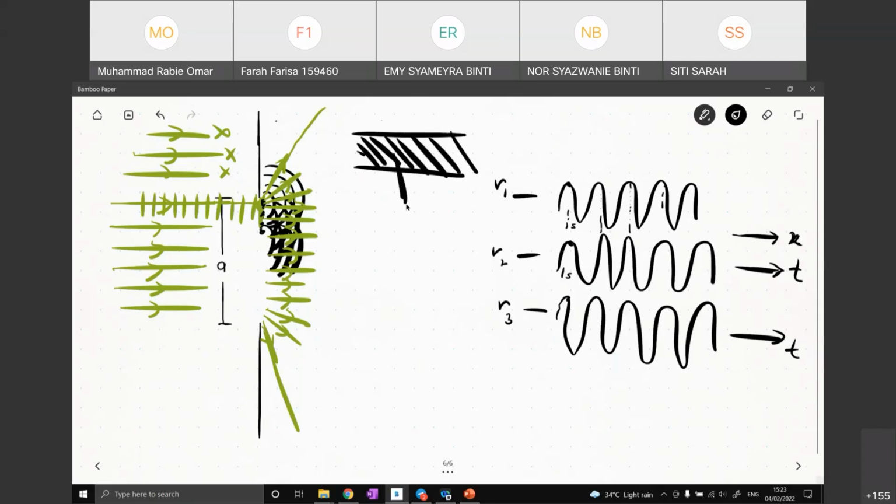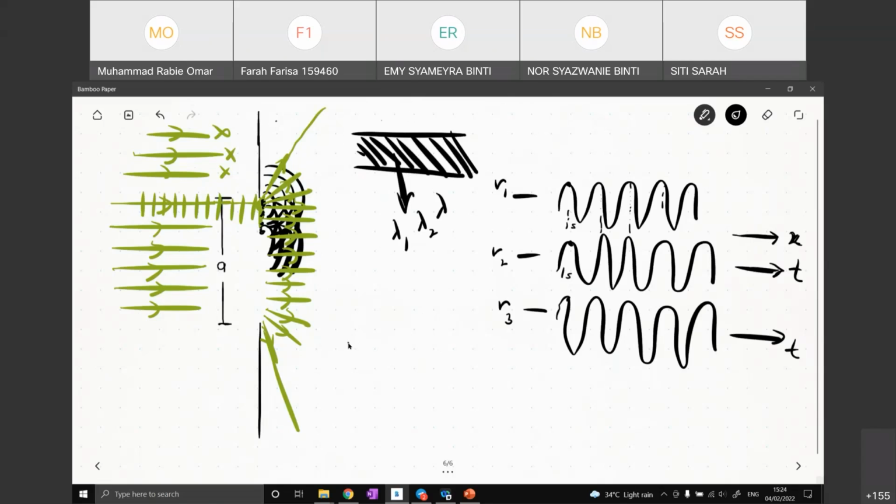The white light beam consists of light rays with many wavelengths, wavelength 1, wavelength 2, because it is a mixture of colors, no? The rainbow colors, it's a mixture of them. And as well, it is a combination of light rays with different phases.